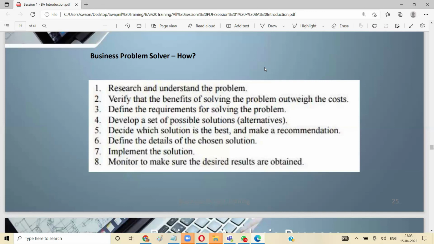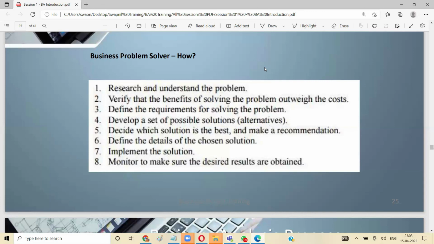So first step, understand the problem. Second step, make sure that the solution you are recommending outweighs the cost. If it is yes, then you get into defining the problem and the solution. Always come up with more than one solution. Compare those different solutions and recommend one solution.